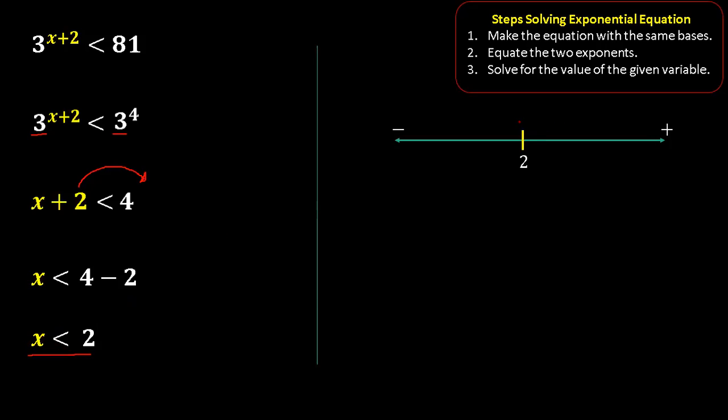So 2 is not included. When 2 is not included, we use an open interval, because it is not less than or equal. So that is all numbers to the left, from negative infinity. So the answer is negative infinity, comma 2. Meaning it is an open interval here, 2 is not included.